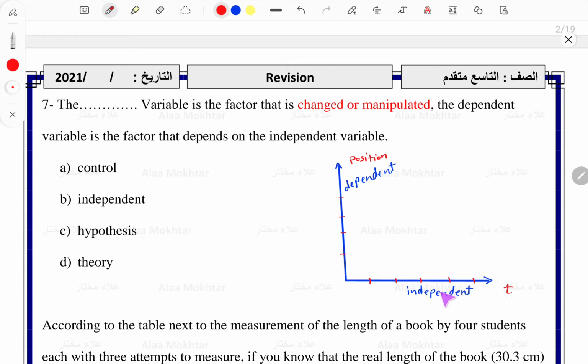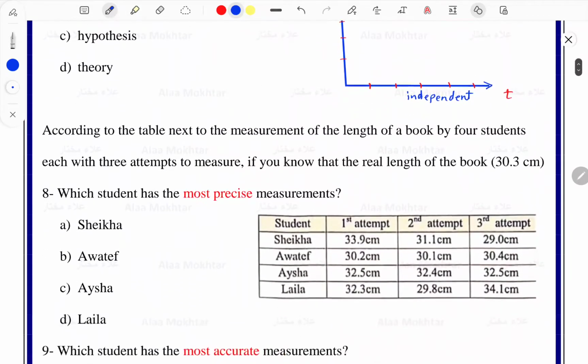So the time changing is called independent. The position we measure is called dependent. So which variable we can change or manipulate during the graph, it is independent. Independent, we can change it. Dependent, we can measure it.